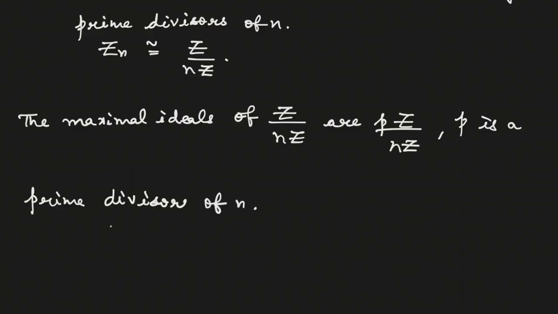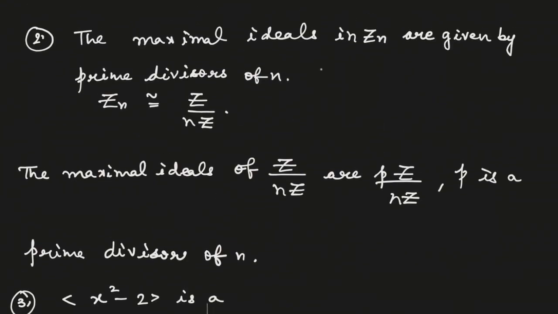Third example. The number of prime divisors of N. Yes, P is a prime divisor of N. For example, if it is 9, then the prime divisor is only 3.